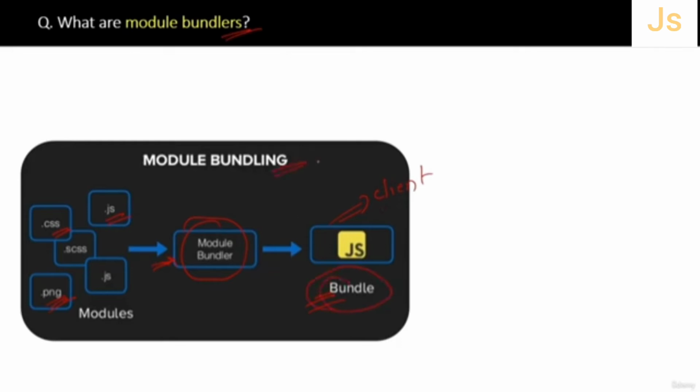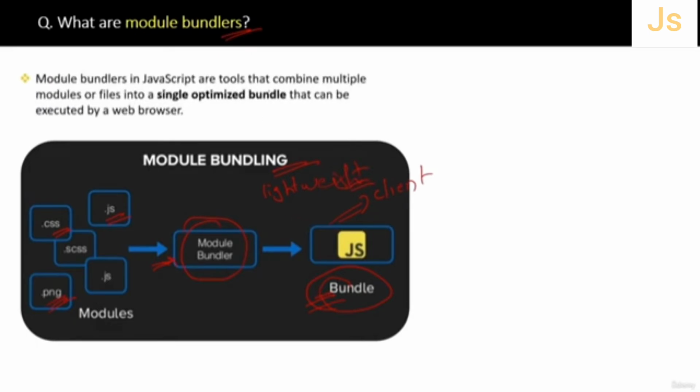Module bundling. The bundling is required to make the response lightweight by removing the white spaces and other unnecessary things from the different files. So that is why module bundling is important. The definition is: module bundlers in JavaScript are tools that combine multiple modules or files into a single optimized bundle that can be sent or executed by the web browser.